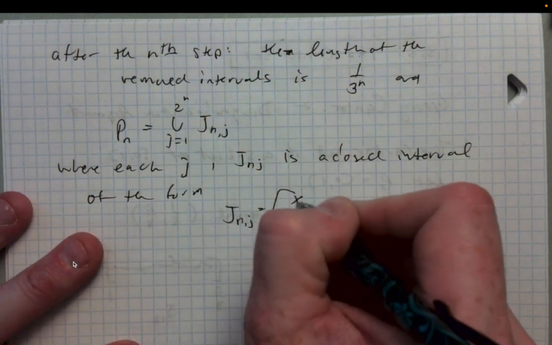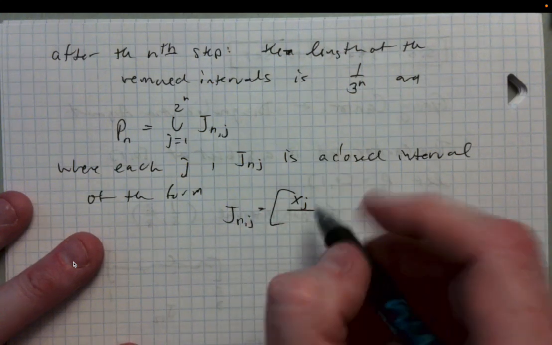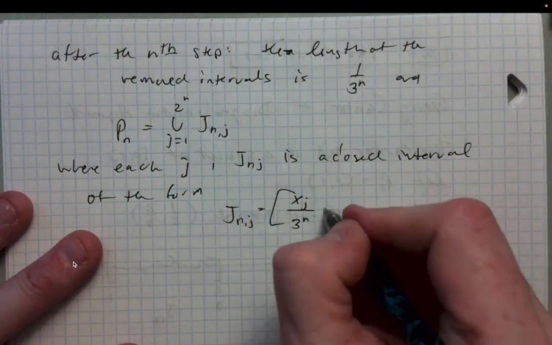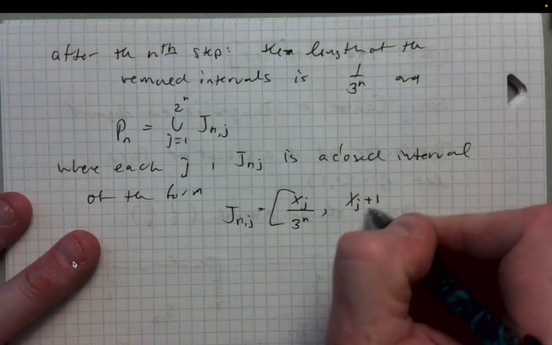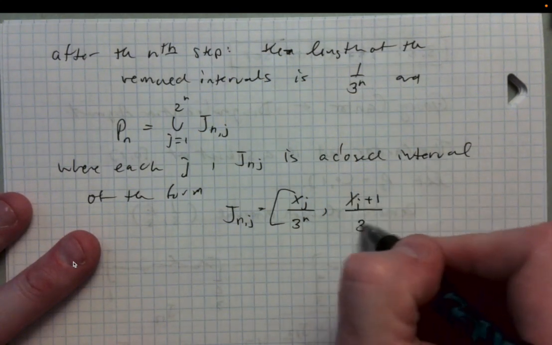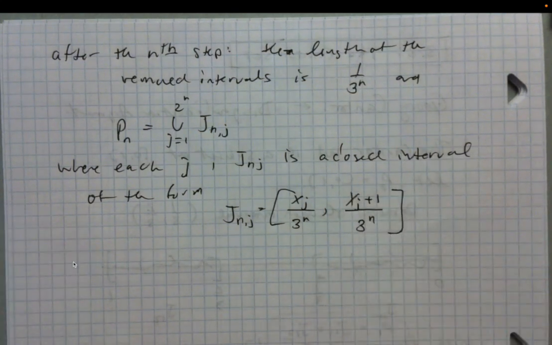Well, it's a closed interval, x sub j on top, 3 to the n on the bottom of the lower bound, and then x sub j plus 1 over 3 to the n on the upper bound. Okay. All right, very good. So that's the idea here. Okay, that's the idea.